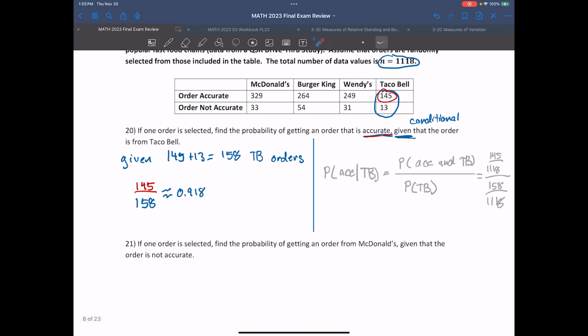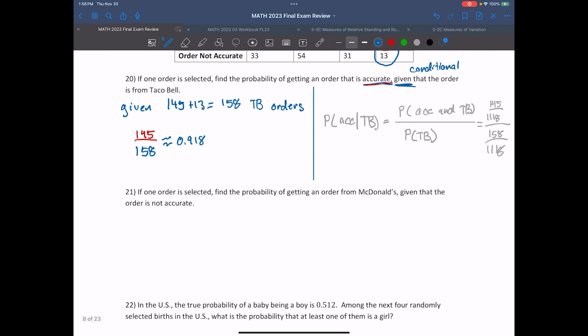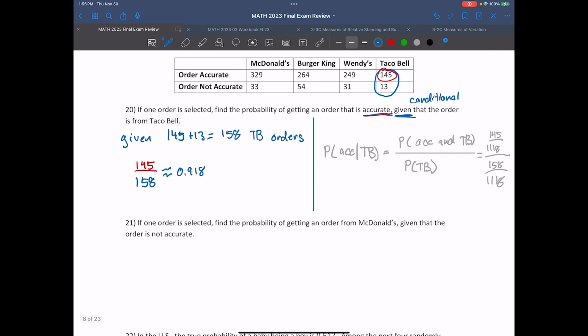21. If one order is selected, find the probability of an order from McDonald's given that the order is not accurate. So this is the exact same procedure as above, just dealing with McDonald's instead of Taco Bell. So we're given that the order is not accurate, so we're going to be looking at all of the inaccurate orders. That is our probability space here, the one we've restricted to based off of what we're given.